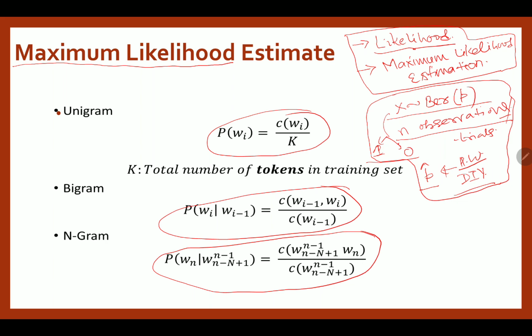So up to now, whatever we have discussed, the only mathematical background or formulation we would have required is understanding of the likelihood function, understanding of the maximum likelihood estimation, and how you are going to estimate the probability P for a Bernoulli distribution using the maximum likelihood estimate.